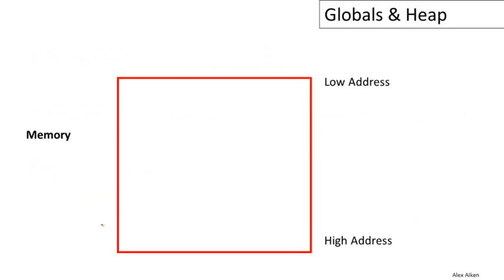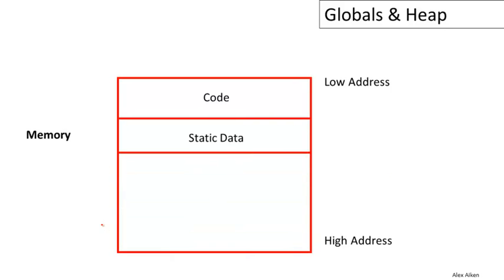So let's take another look at our runtime organization picture. And just to review, first we have the code, and then we have the static data. And then we have the stack, which grows towards, in this case, the high address allocated to the program. And notice that the stack doesn't necessarily just grow. As procedures return, the stack will also shrink.